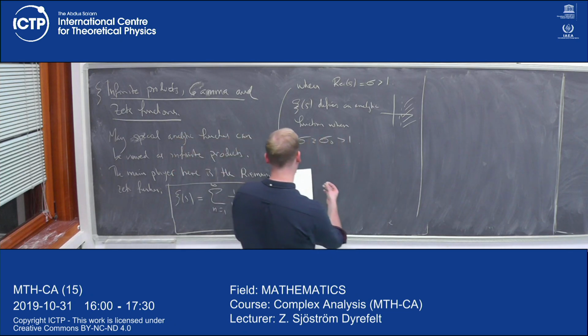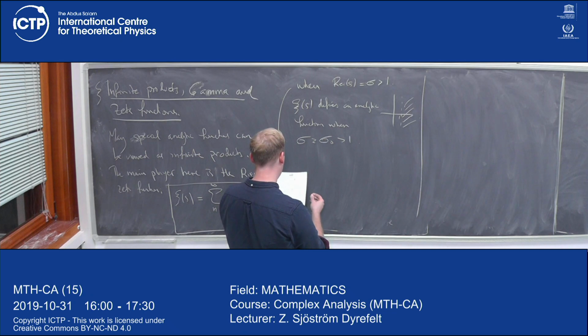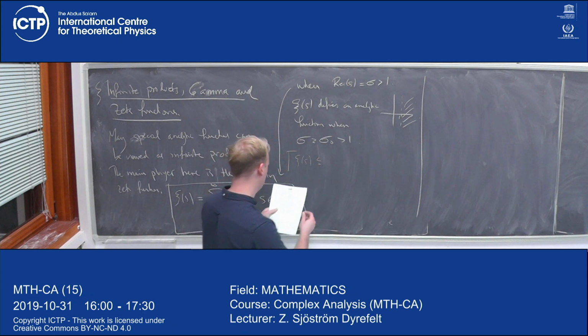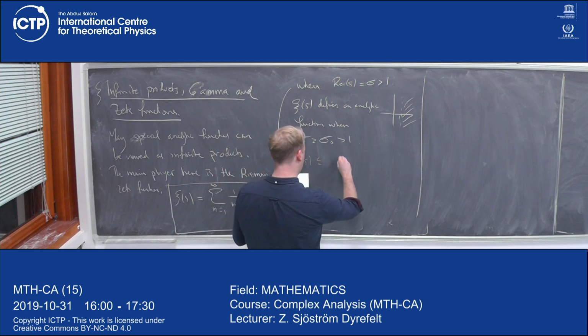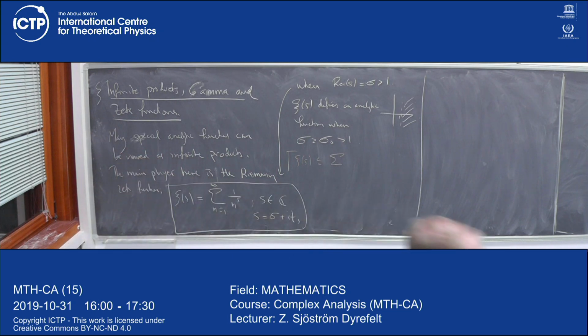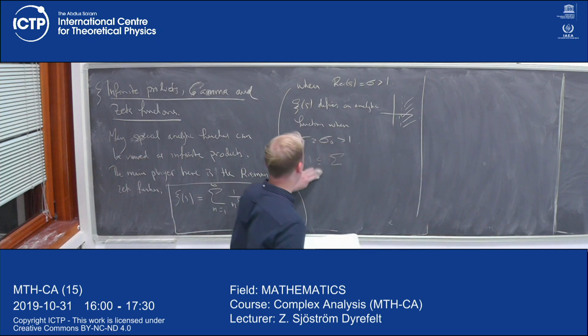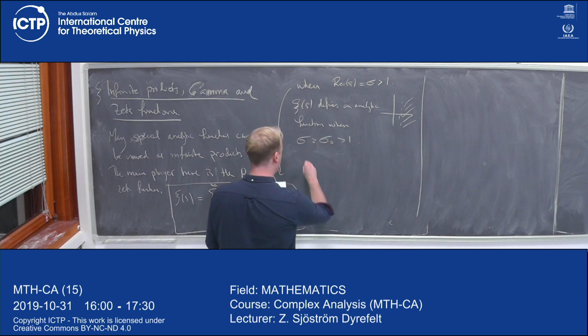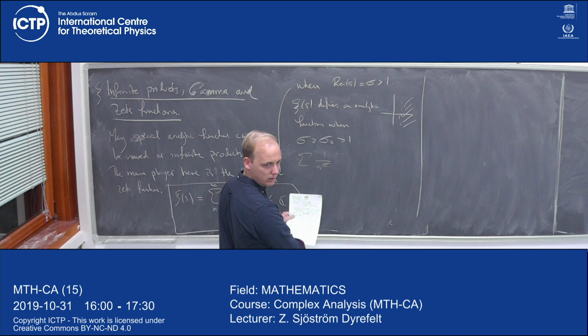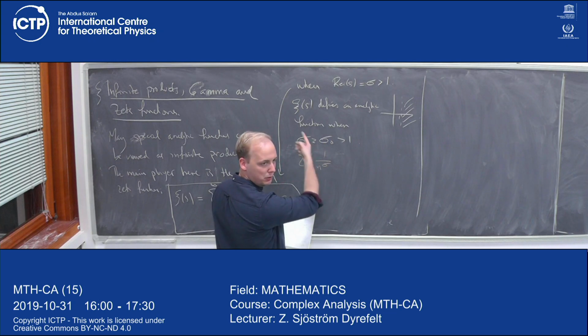So what we do is we say that, of course, this is less than or equal to, in absolute value, the following. We compare this to the sum of 1 over n to the sigma, okay? Because the absolute value of the former one is measured by this.